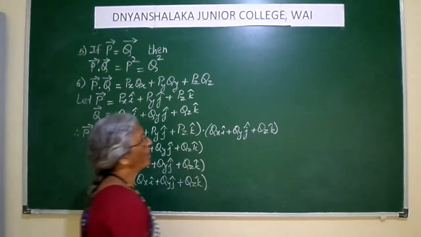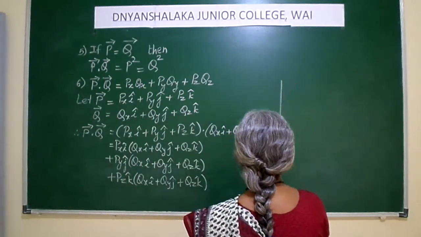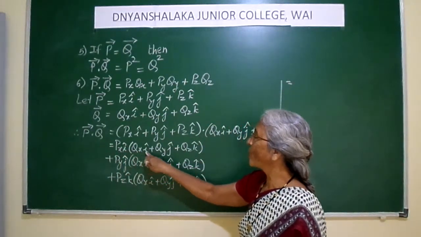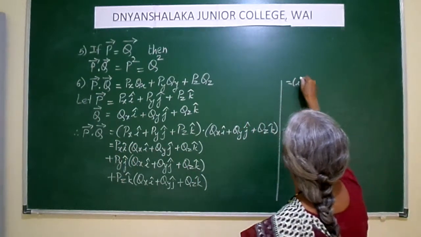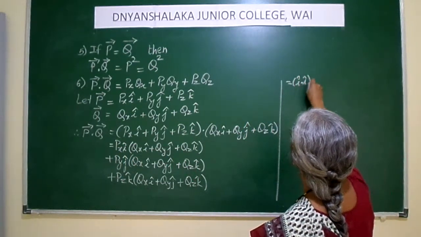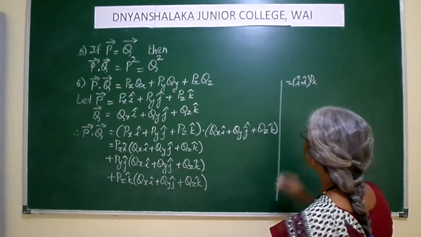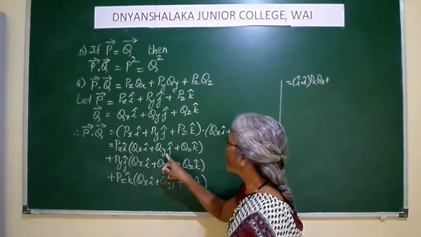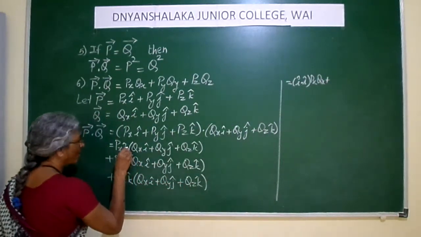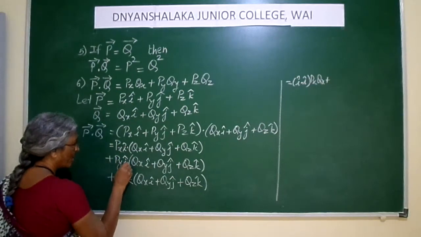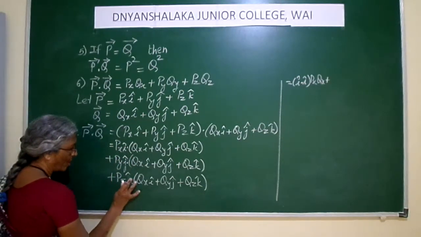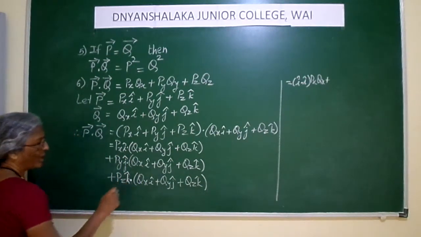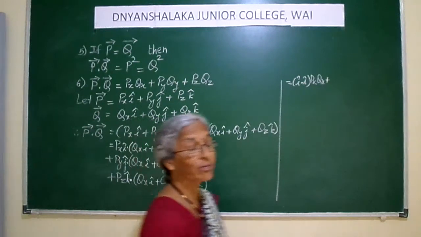Okay, now we'll perform this multiplication over here. This will be equal to pxi into qxi, so this will give me vector i dot vector i into pxqx, plus vector i dot vector... Here in between all of this should be the dot product, because we are taking the dot product, and the dot product we have already studied.